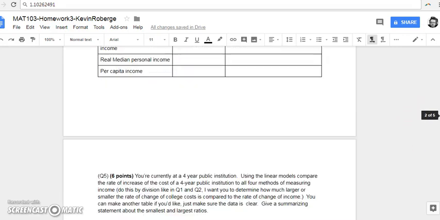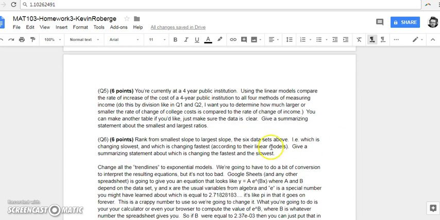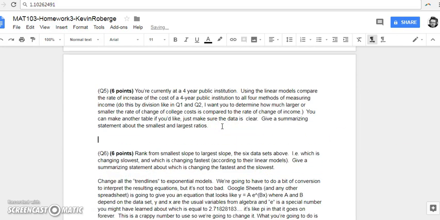And what's next? Right, so what do I want you to do here? You shouldn't put all this stuff in. You should delete a lot of this. So what we'll be doing is something like this. We want the rate of increase of a 4-year public education, which we know was $377 per year, versus all 4 methods of measuring income.